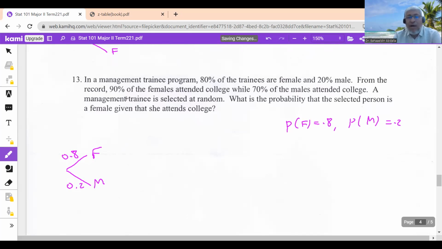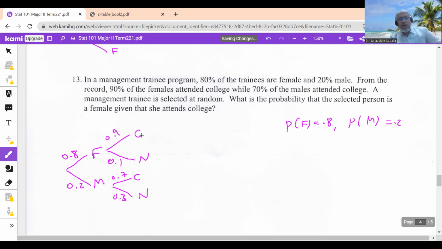And now 90% of the female attend college. So of the female, we have some of them attended college, some of them did not. So the probability is 0.9 that a female attended college and 0.1 that she didn't. From the males, 70% attended college and 0.3 did not, okay?